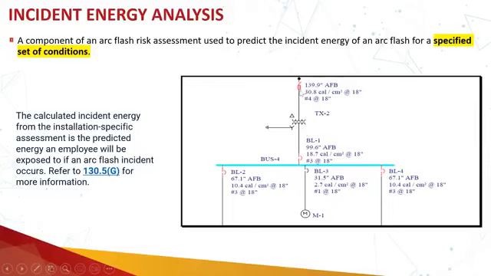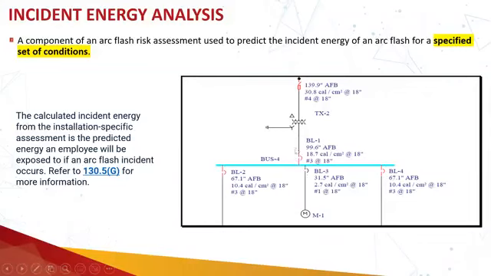So here it says that if you are operating this particular equipment under a specified set of operation, the incident energy here will be 30.8 cal per centimeter square at 18 inches working distance. The arc flash boundary should be 139.9. These are examples only, just to clarify the concept.